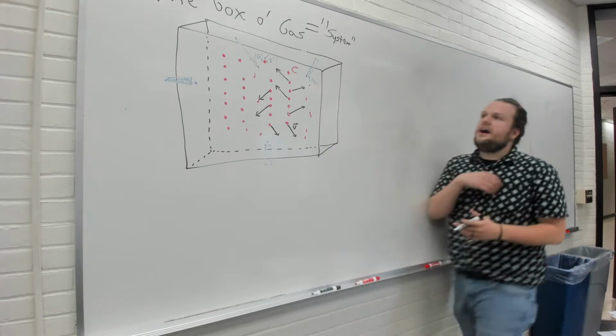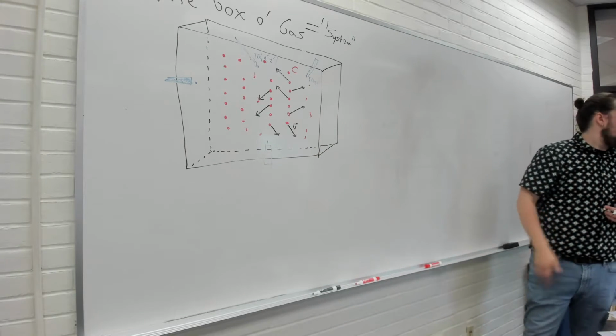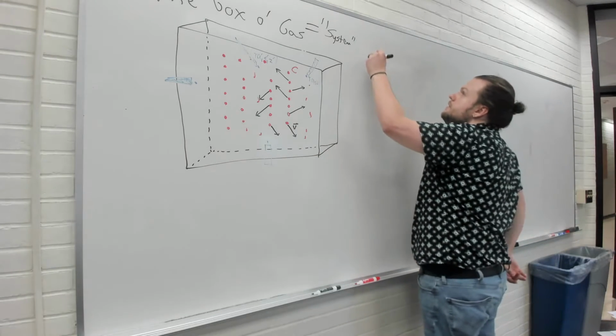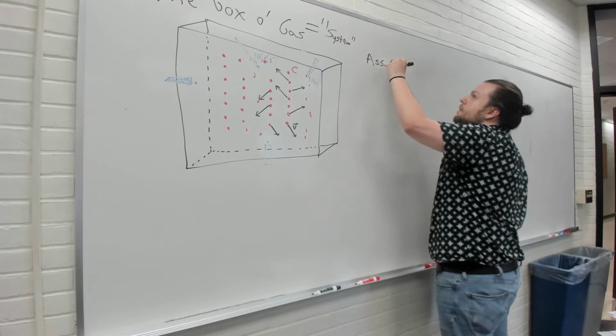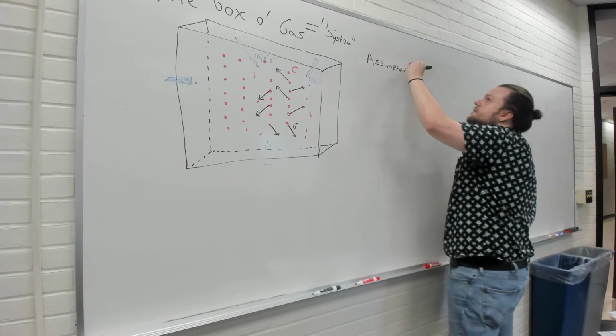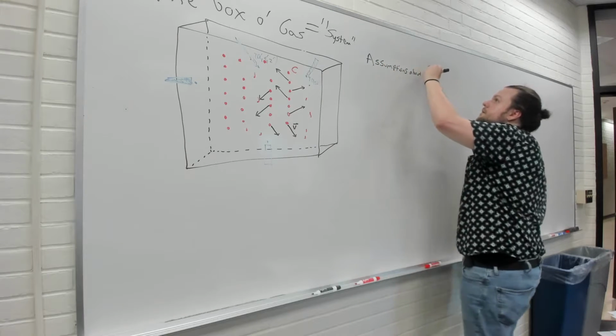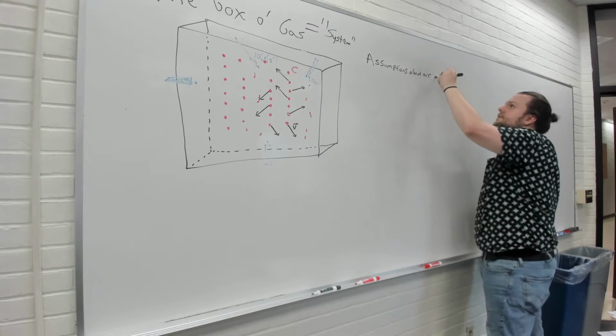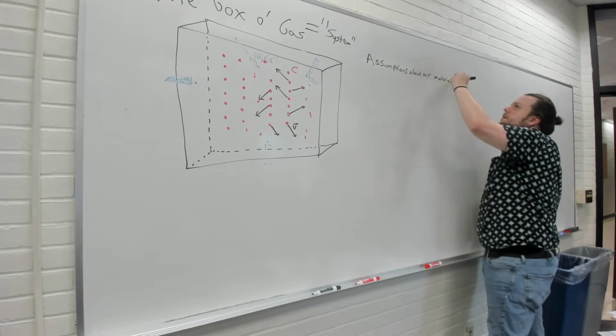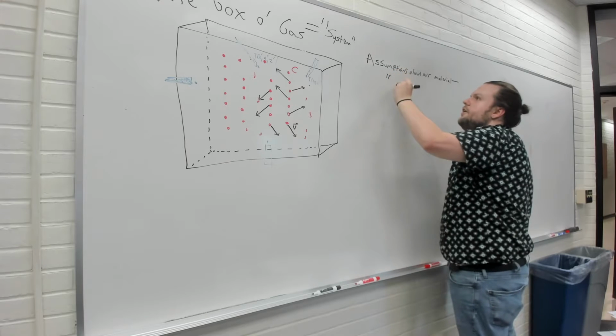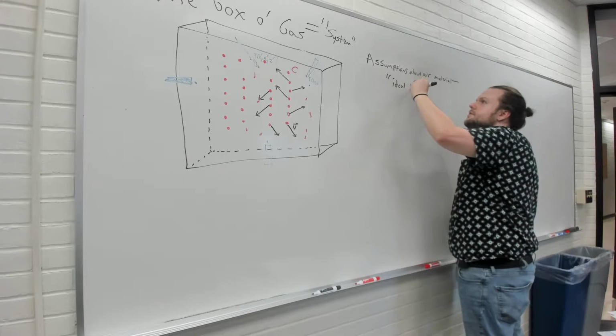So what I'm going to define today is our gas inside of this box. We're going to make some assumptions about our material. And these assumptions are the ideal gas approximation.